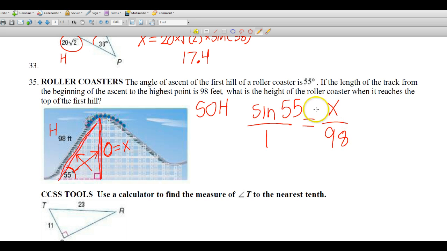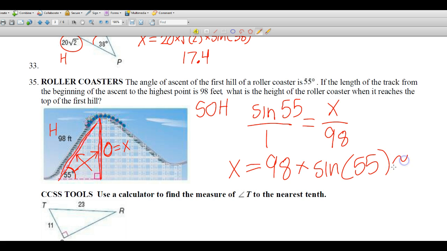From here we just cross multiply. So we would take 1 times x and set that equal to 98 times the sine of 55. So if we type in 98 times the sine of 55 on our calculator, we should get 80 feet.